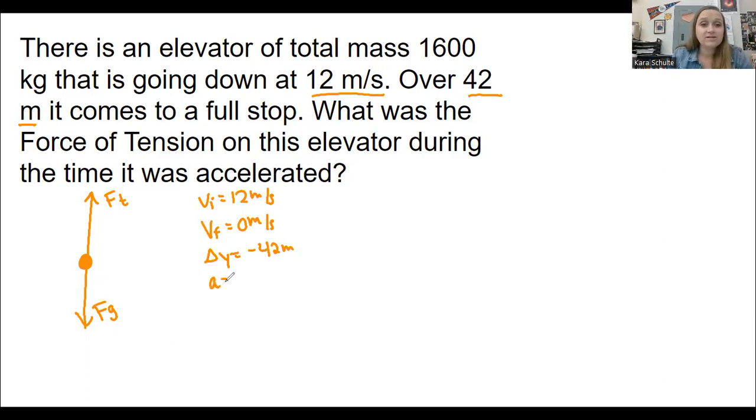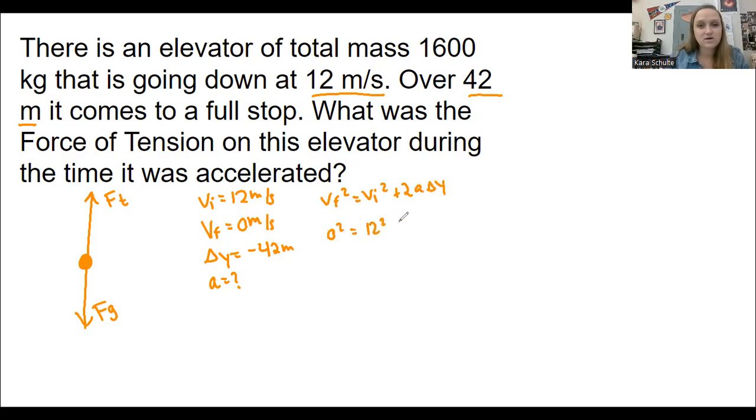And we're going to need to know our acceleration. Like in the first unit, when time was our ability to switch between the x and y directions, acceleration is what allows us to switch between kinematics and forces. I think as you do these problems, you'll learn that acceleration allows you to go between kinematics and forces. So I'm going to use my third kinematic equation to solve for this acceleration.